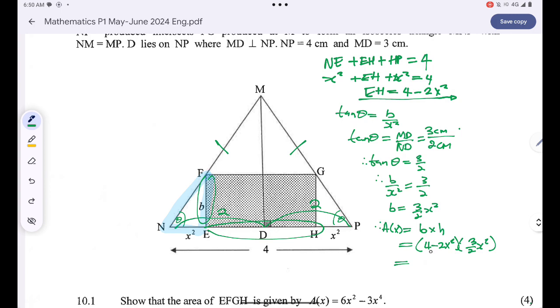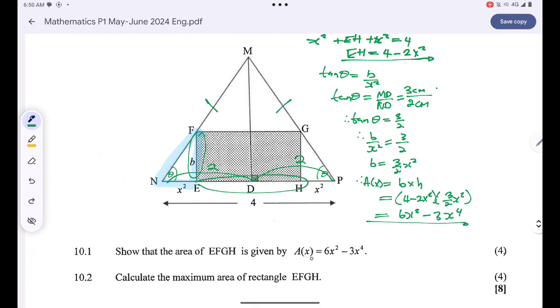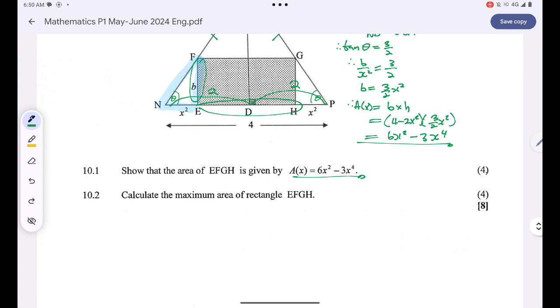Whenever I multiply 4 by 3 over 2 x squared, I'll be left with 6x squared, and then over there I'll be left with negative 3x to the power 4. So now I've proven that the area is equal to that. Okay, now I'm supposed to calculate the maximum area of the rectangle.